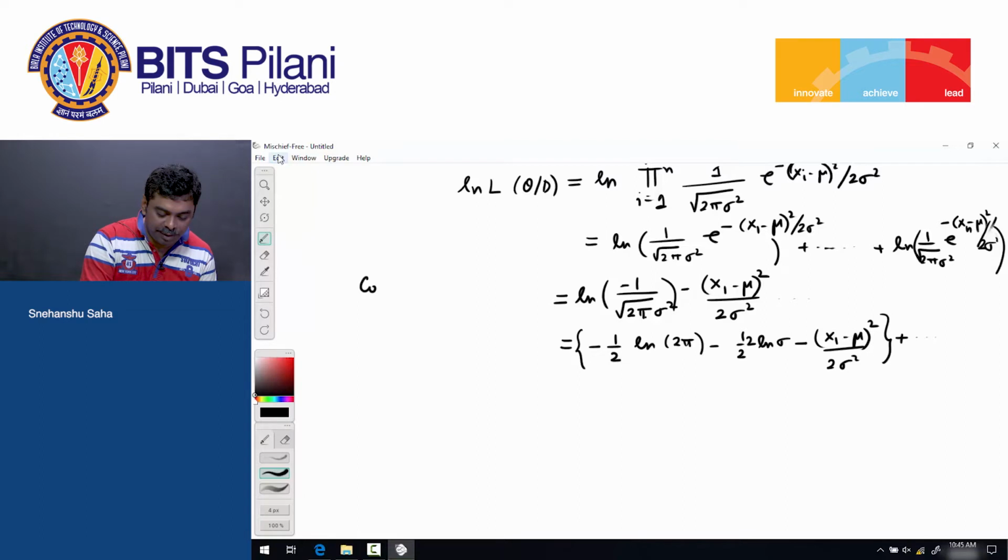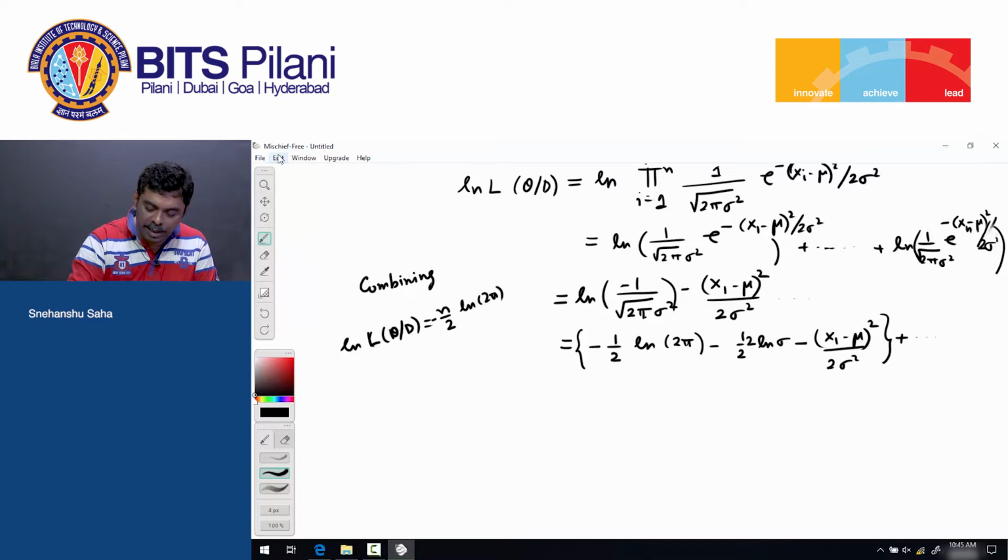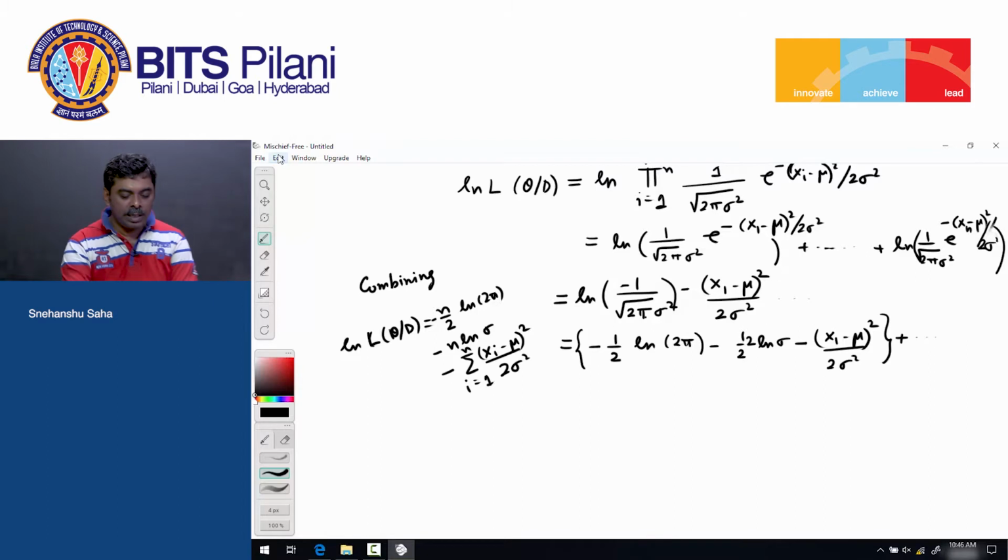So if I combine, my log likelihood function is actually nothing but minus n by 2 ln of 2 pi minus n ln of sigma minus the summation i equal to 1 to n of (xi minus mu) square over 2 sigma square. Okay, now this is my log likelihood expression.